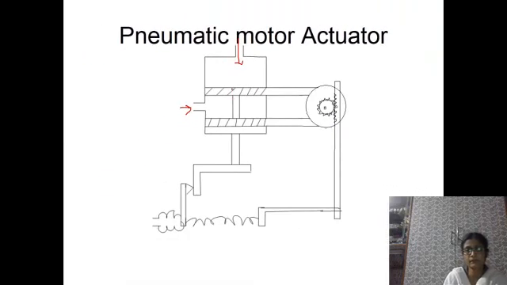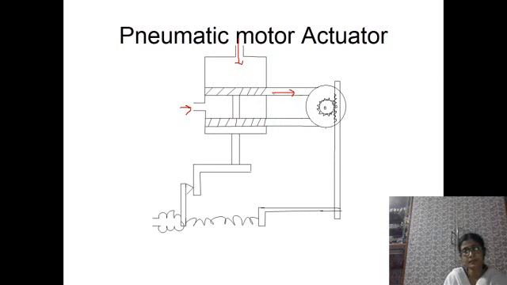So when the piston arrangement is at the upward portion, that means when this path is open, the air signal will flow through this, and when this gets closed due to the downward force of the controller output, then the upper path will get closed, but the lower one remains open.